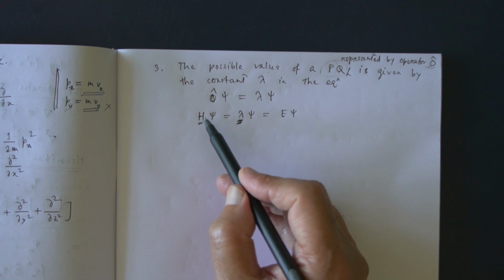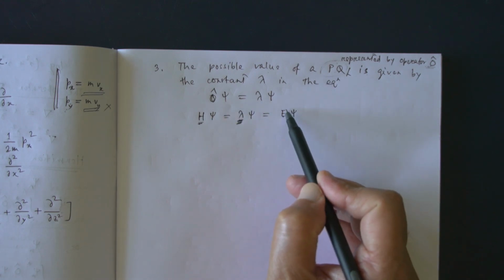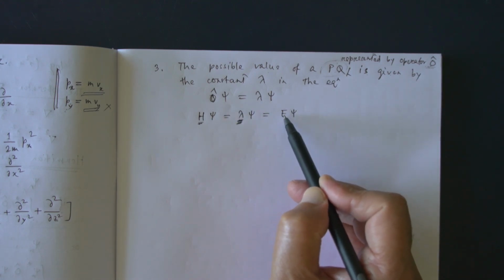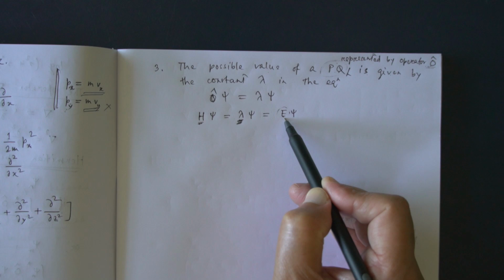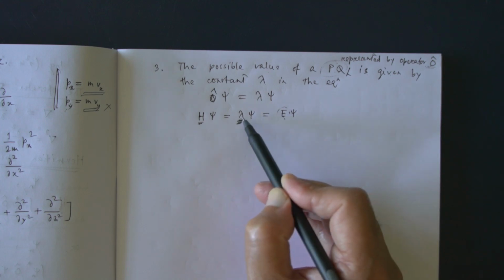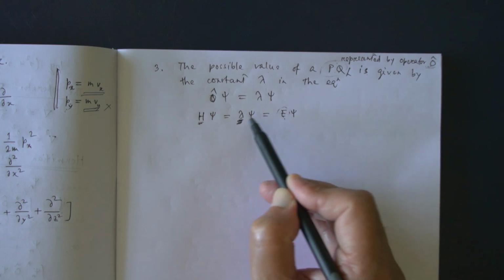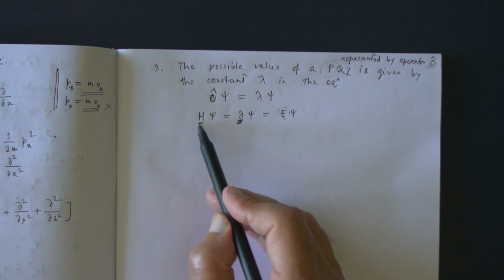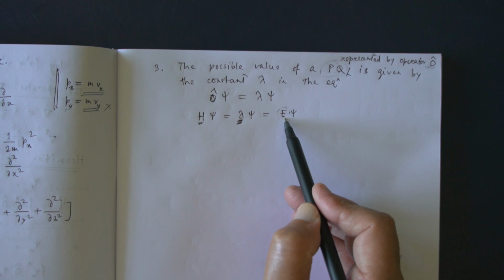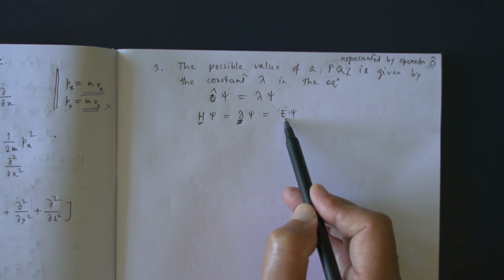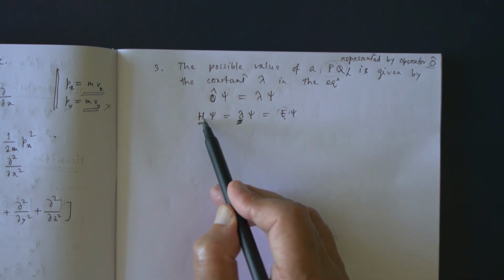So the value of the physical quantity, that is total energy, is obtained from the constant in this equation. That is the value of the physical quantity represented by the operator.